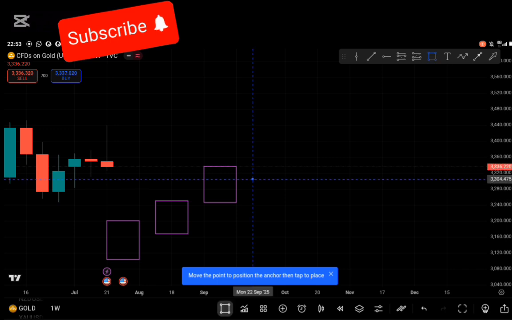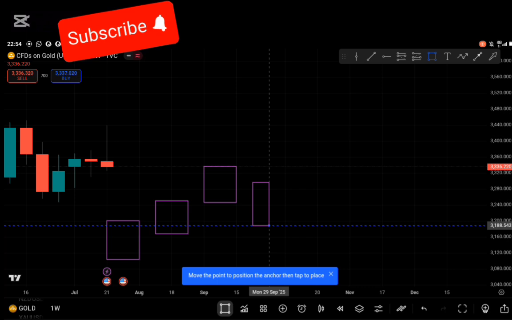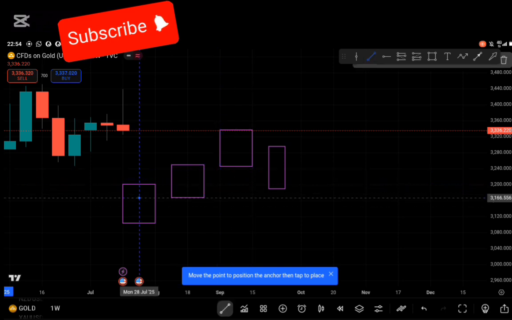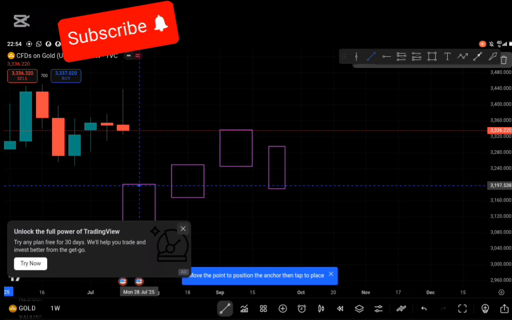Now, price is trending upward, then it has wicks on it. It will definitely have wicks on it.